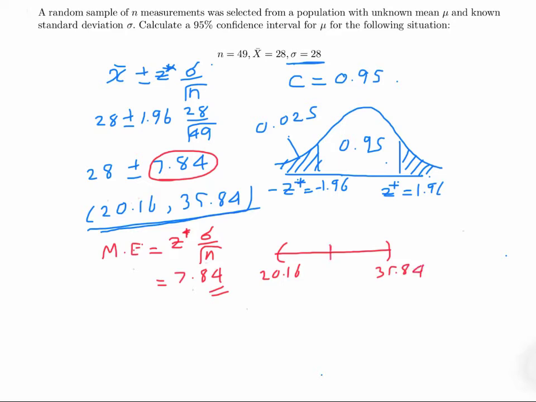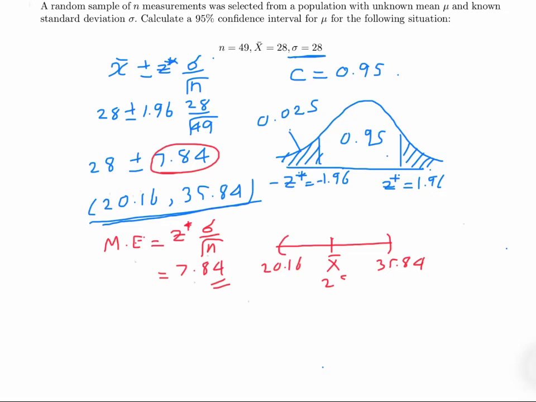The middle value is the x bar, that is 28. So the margin of error is the distance from here to here, or the distance from here to here. That is the margin of error.